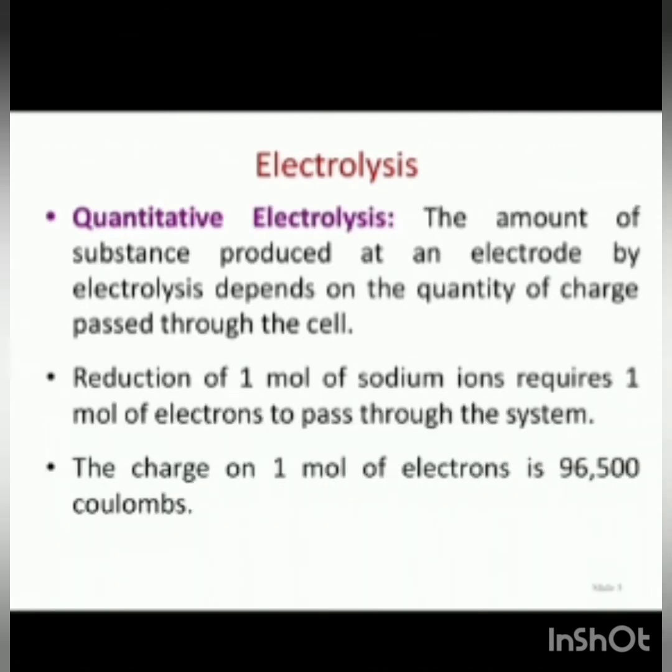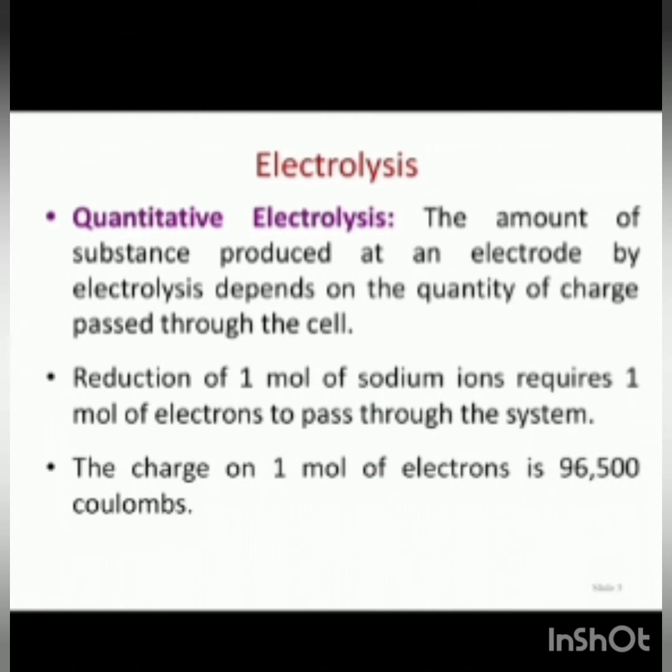Quantitative electrolysis. Before understanding quantitative electrolysis, we have to understand Faraday's laws of electrolysis. We must first understand the process of electrolysis of a metal sulfate. Whenever an electrolyte like metal sulfate is dissolved in water, its molecules split into positive and negative ions.